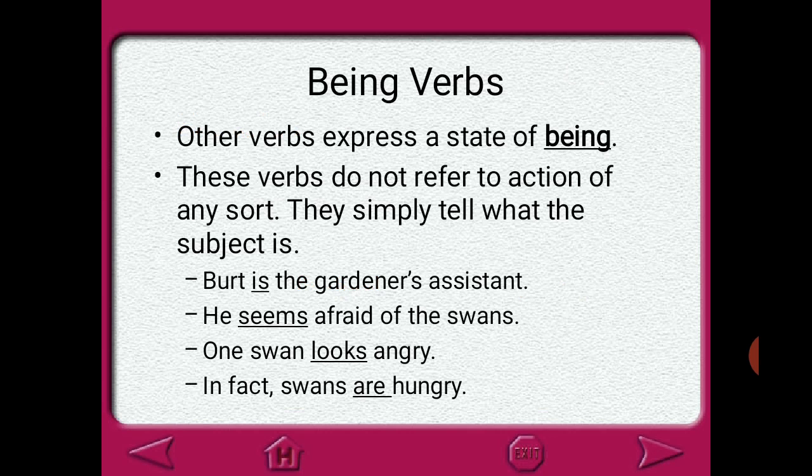He seems afraid of swans. One swan looks angry. In fact, swans are hungry. So in these examples, is, seems, looks, and are are being verbs because they are not referring to any kind of action. They are simply telling what the subject is.